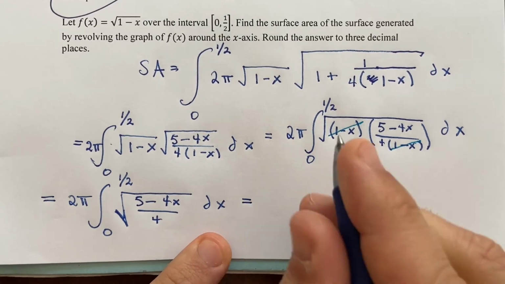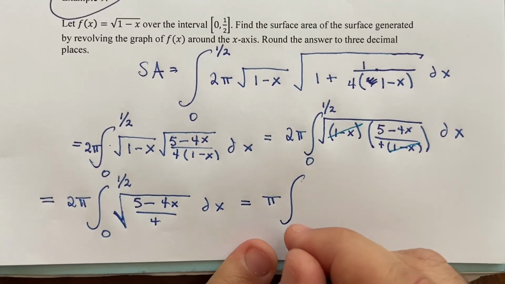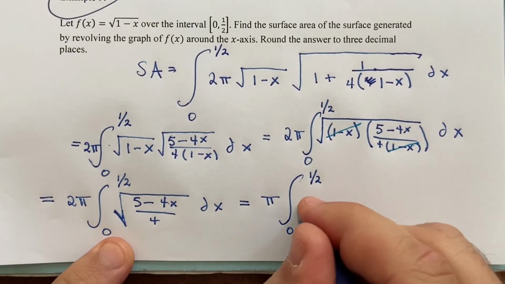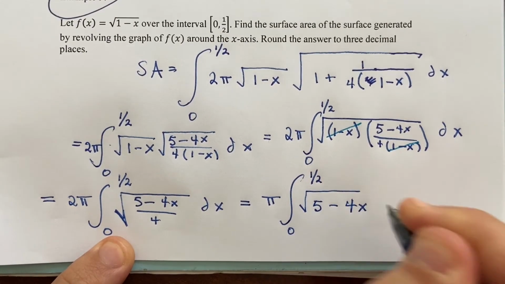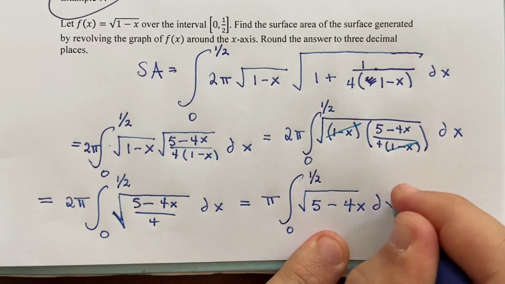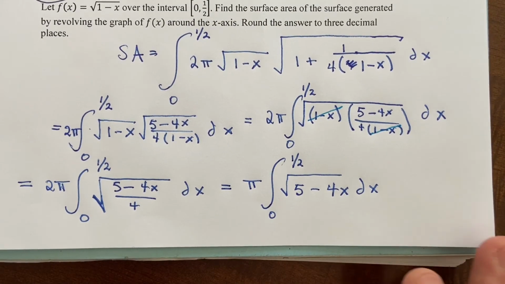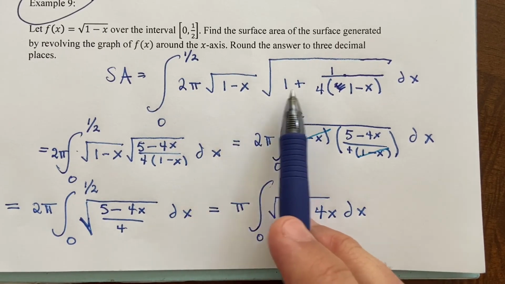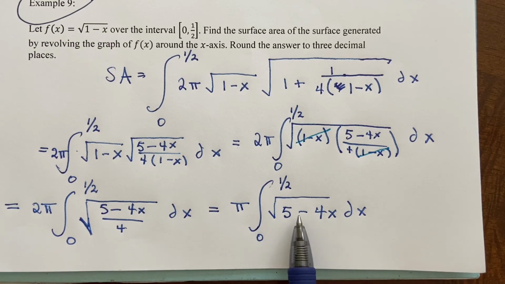Right, so this would be equal to just pi. That 2 can cancel with the 2 out front. And I can just say now the square root of 5 minus 4x dx. So I've been able to whittle it down from this fairly complicated integrand to this not so complicated integrand.